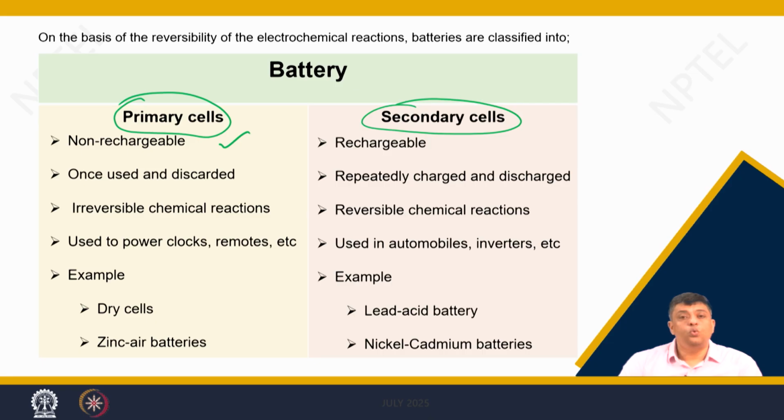Here you will find that the reactions which take place are irreversible chemical reactions, and you have been using such batteries in remotes, watches, clocks, and many other applications, and the typical examples are dry cells or zinc air batteries.